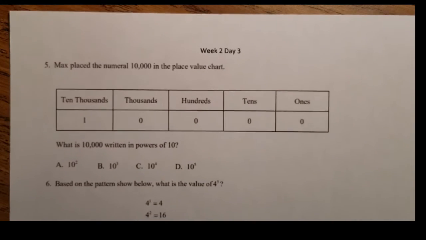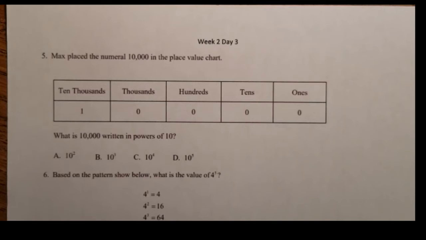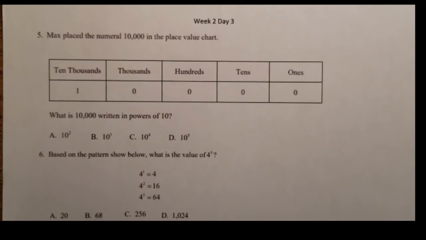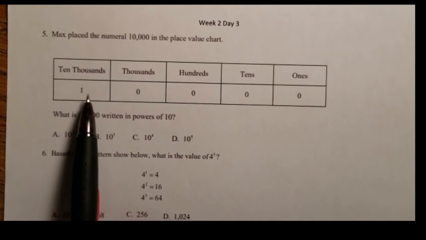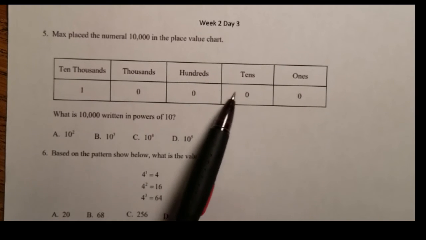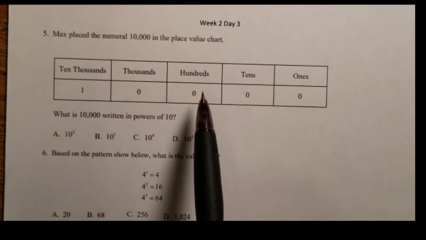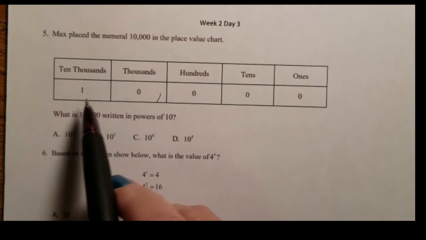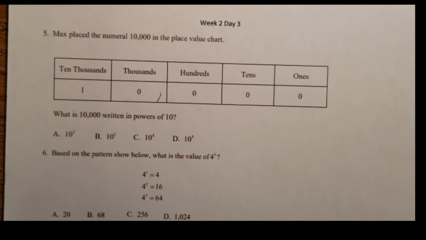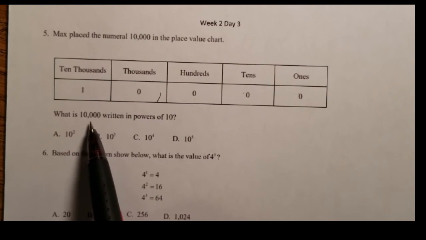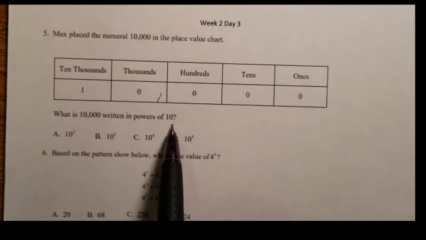On the next one, number 5, we have the number 10,000. So is 10,000, or what is 10,000 written in powers of 10?